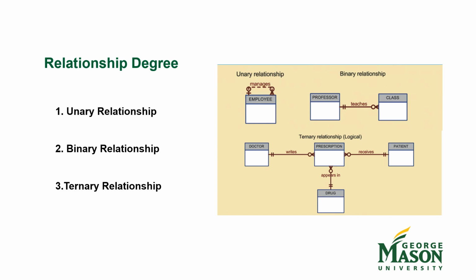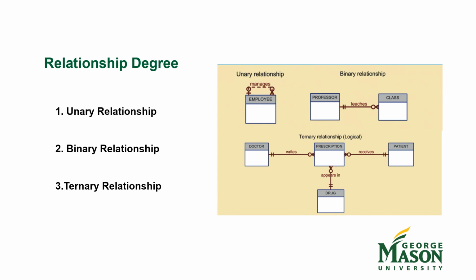Relationship degree. There are three relationship degrees: unary relationship, binary relationship, and ternary relationship. A unary relationship involves a single entity type. The association is maintained within a single entity and is also called recursive.